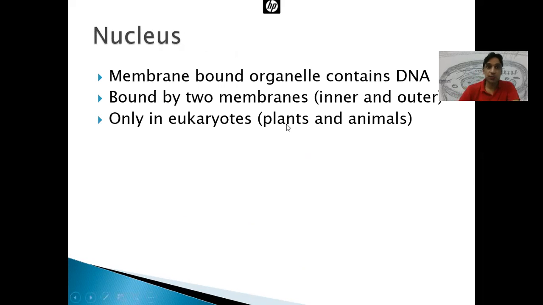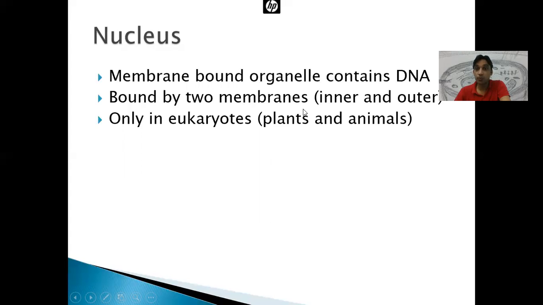And here comes the most famous organelle of the cells, the nucleus. It's a double membrane bounded structure that contains the DNA, the genetic material, deoxyribonucleic acid. This carries all the information about life, about the nature of cells, and how to execute different functions.